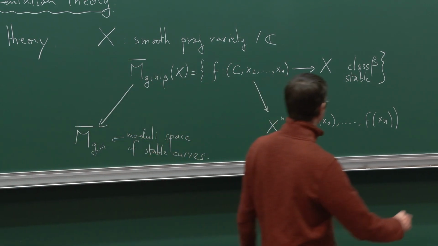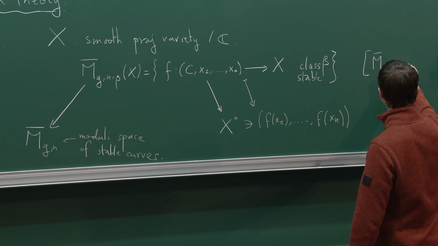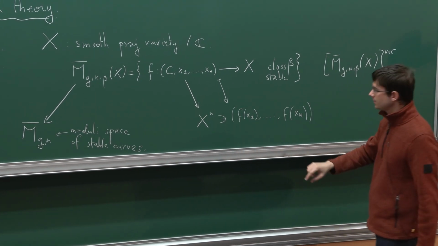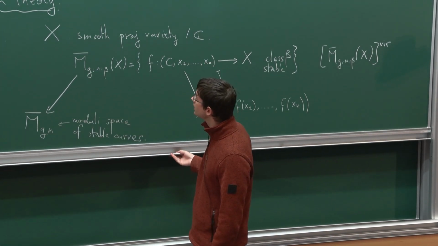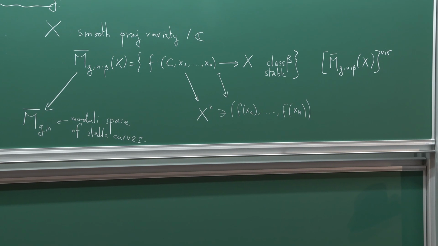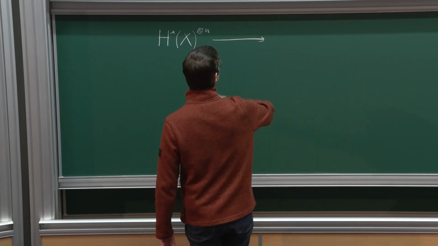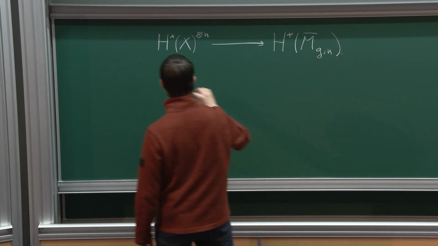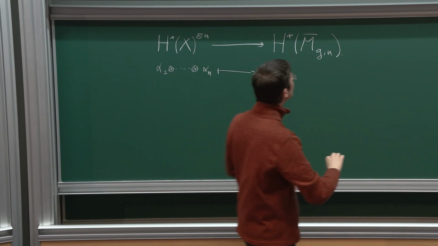And then on this moduli space of stable maps, you have some particular cycle, the virtual fundamental class. And you can use it through this diagram to start with cohomology classes here and produce cohomology classes here. So if you have n cohomology classes alpha_1, ..., alpha_n, you will get a map to the cohomology of M_{g,n} bar.